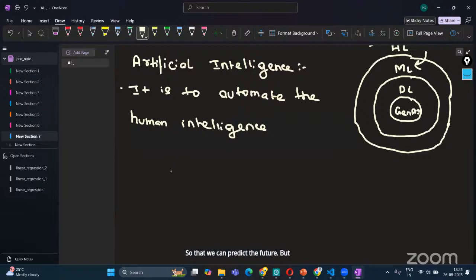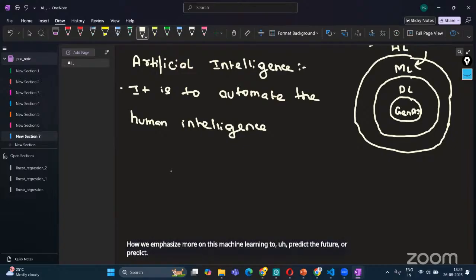You can ask me one question: we can find the pattern by using a simple coding language, as software engineers generally do. So what is the role of machine learning? How do we emphasize machine learning to predict the future or predict past values too?